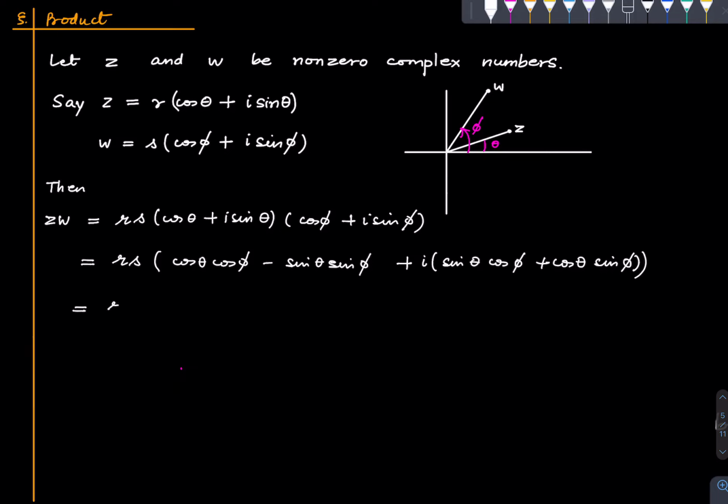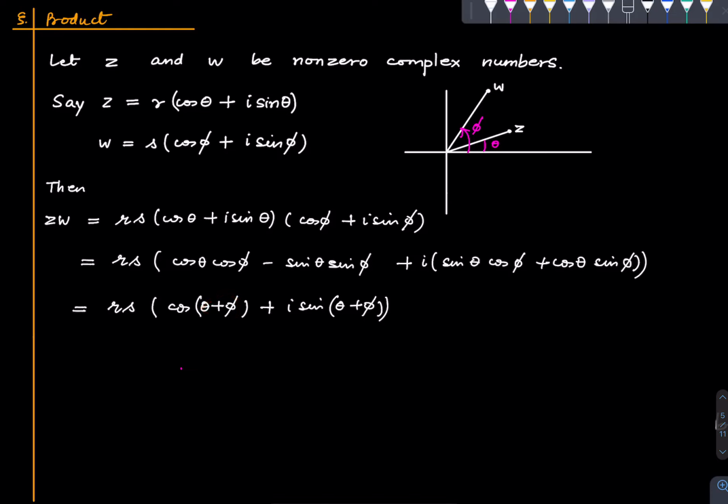And basic trigonometry tells us that this is nothing but cos(theta plus phi) plus i sin(theta plus phi). So magically, the argument of the product is the sum of the arguments that you started with. That's very nice. The magnitude just gets multiplied, obviously, but the arguments get added.